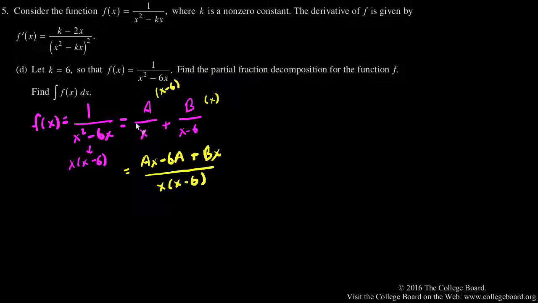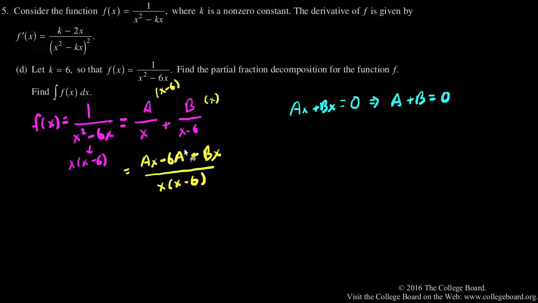And now I just pair things off, so I know that ax and bx are the two terms on this side that have x's. And there are no x terms up here, so these have to add up to 0. Or, more simply put, a plus b must equal 0.